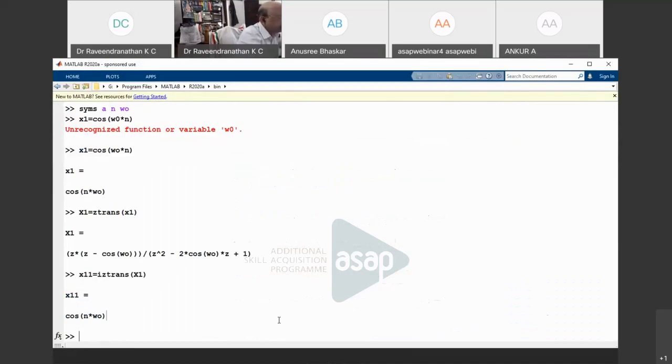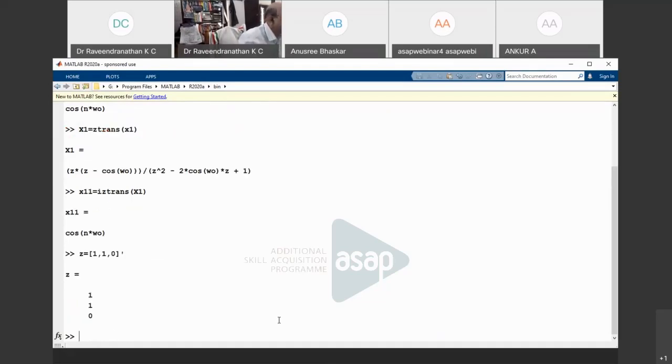Suppose I have a set of zeros like 1, it's a multiple zero, and right, it has to be a column like that.